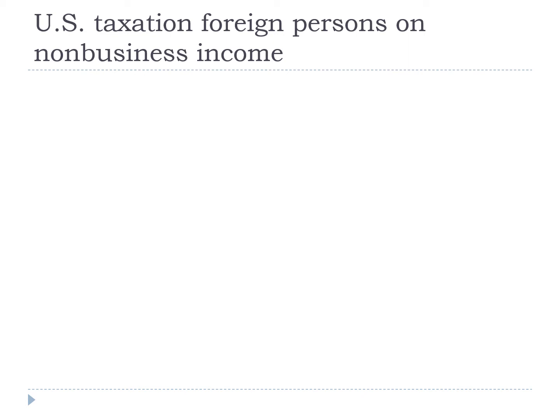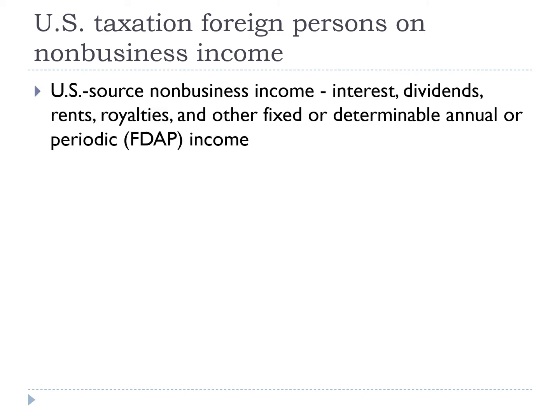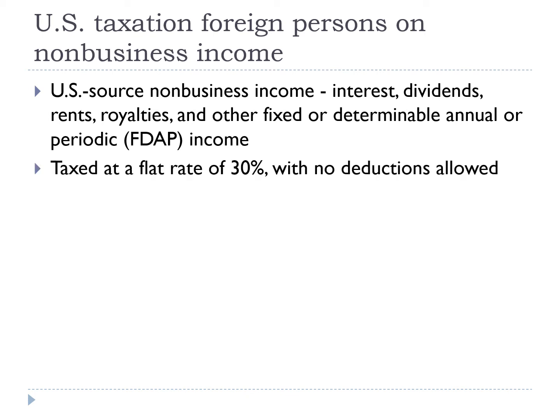Now let's turn to the taxation of foreign persons on non-business income. U.S. source income that is not effectively connected and which is interest, dividends, rents, royalties, and other fixed or determinable annual or periodic income, that is, non-business income, is taxed at a flat rate of 30% with no deductions allowed.